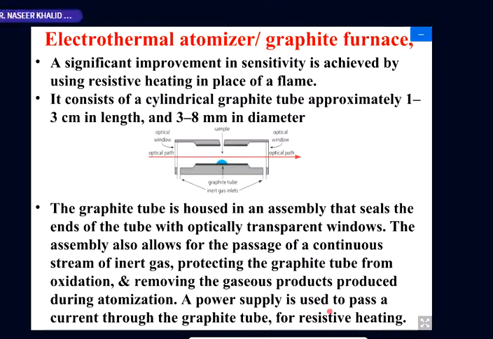A power supply is there which will pass the current through the graphite. For example, this is the positive and this is the negative terminal.